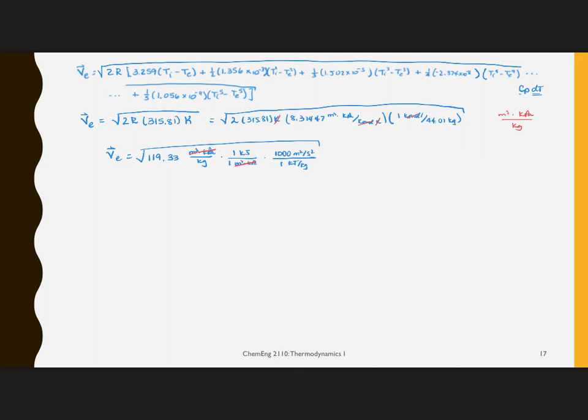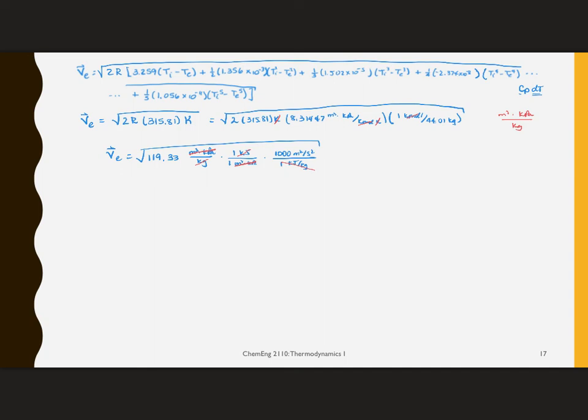Put a note somewhere that this is how you do this unit conversion, and you'll get to the right answer without having to put in terribly much thought. But okay, so the meters cubed per kilopascal cancels. I have a kilojoule per kilogram, which is going to cancel with this kilojoule per kilogram, leaving me with meters squared per second squared. When I take the square root, I'll get meters per second.